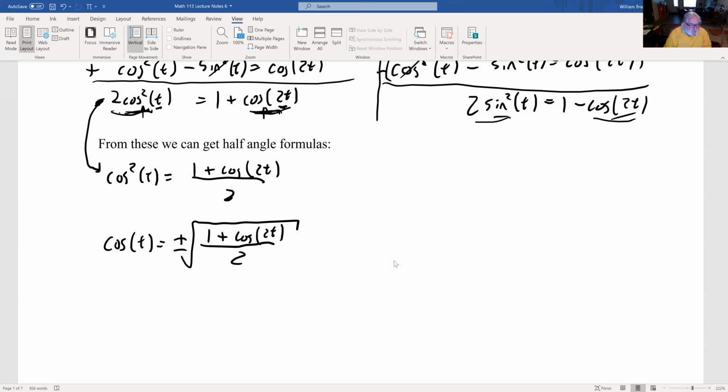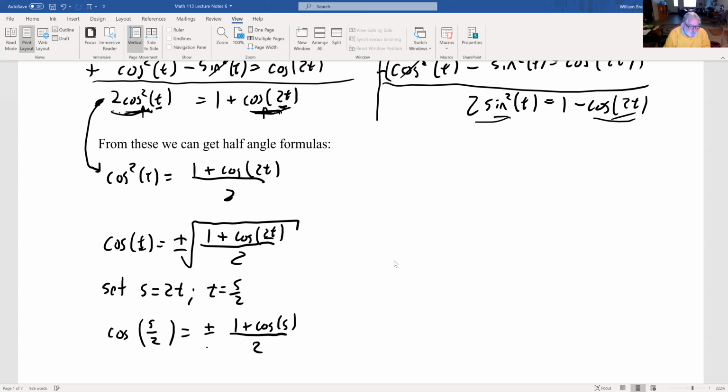So why is this a half angle formula? Well, this angle is half of this angle. So we'll set s to be equal to 2t. What that means is that t is s over 2. And if I substitute that in, I get cosine of s over 2 equals plus or minus the square root of 1 plus cosine of s over 2.